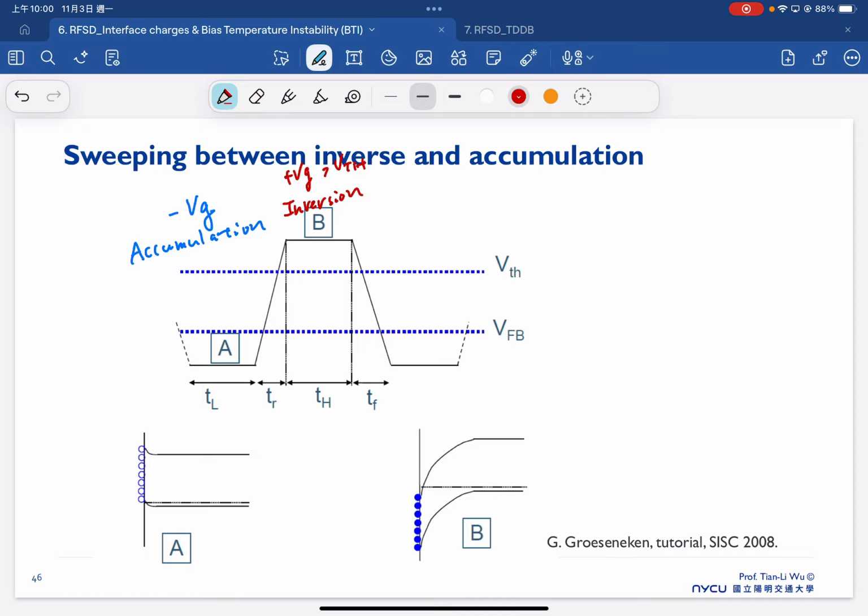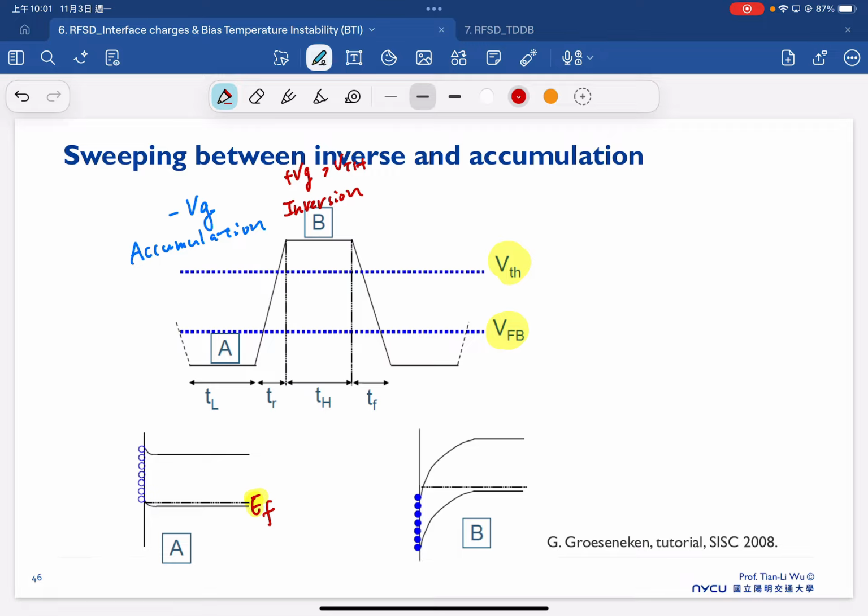First of all, we have to identify the flat band voltage and threshold voltage for our MOS capacitor and MOS transistor, which is not that difficult. We first bias in accumulation, and as shown here, that means all of these interface traps are above our EF, above our Fermi energy.